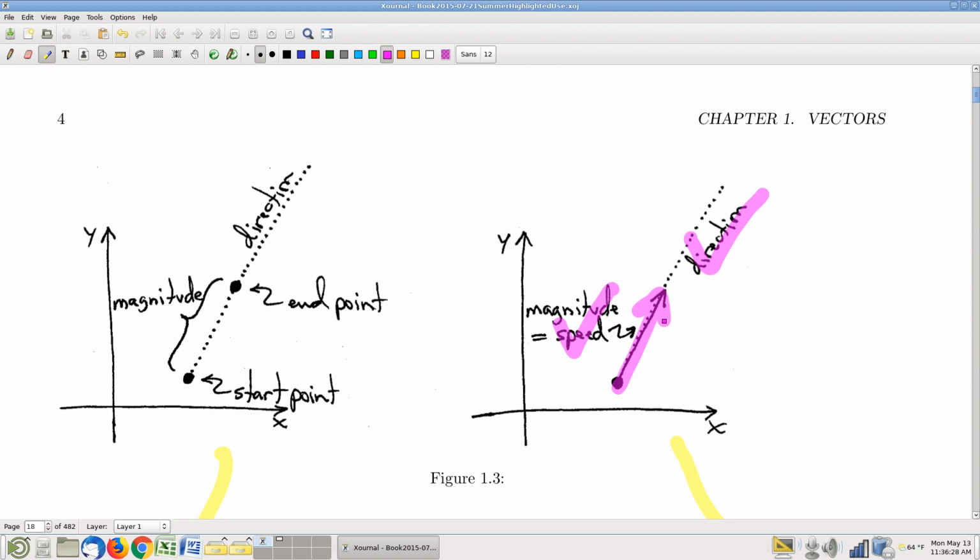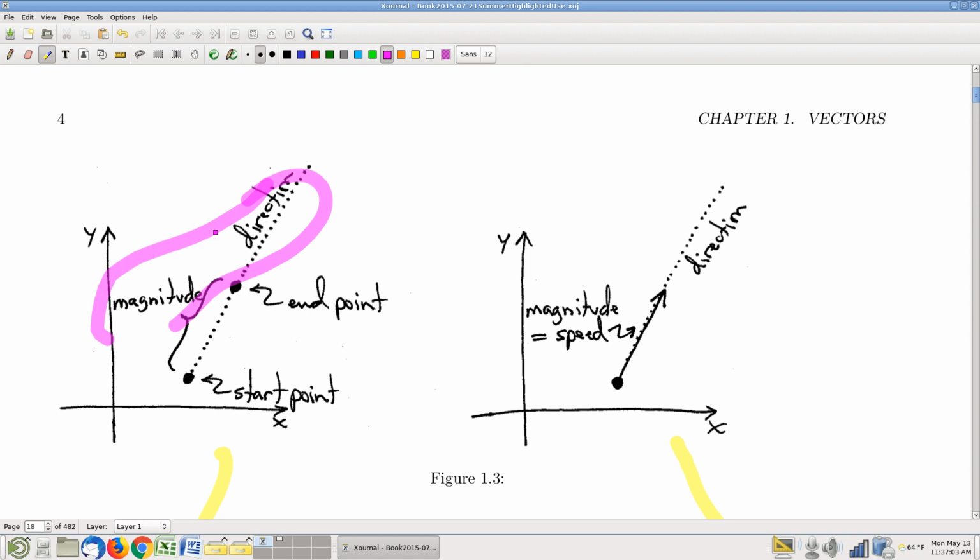But notice, both have a direction and a corresponding magnitude. The magnitudes play different physical roles, but both of these things have a direction and a magnitude. This is not a unique coincidence. There are lots of physical quantities, physical things, that involve this pairing of a direction and a magnitude.